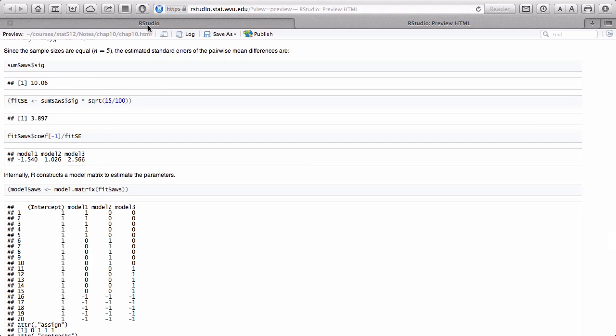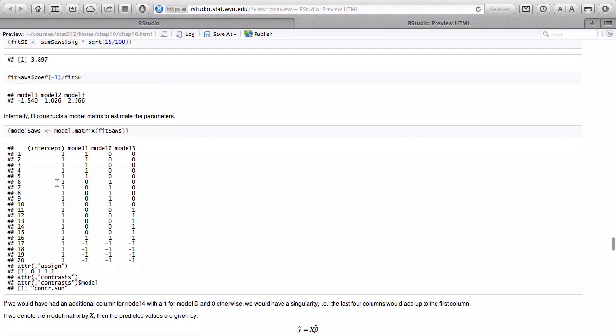Now, what would happen if you use R? If you use R, this is the model matrix. Remember, I showed you a model matrix for L1, L2, and L3. I'm sorry, this is for the constraint that the sum of the alpha sub i equals 0. The fit.sols uses that, and so that's what the contrast matrix looks like.